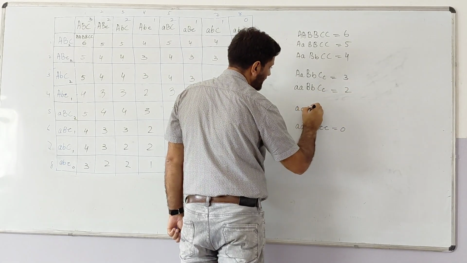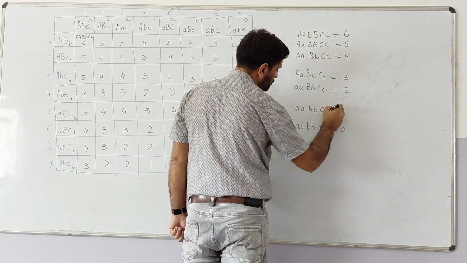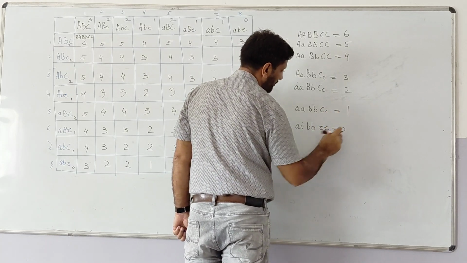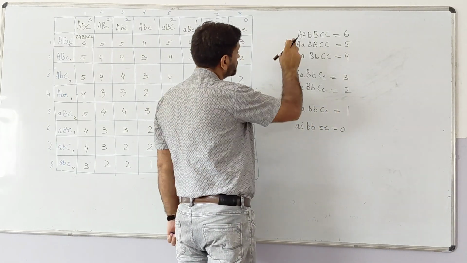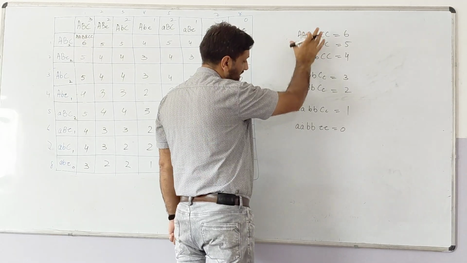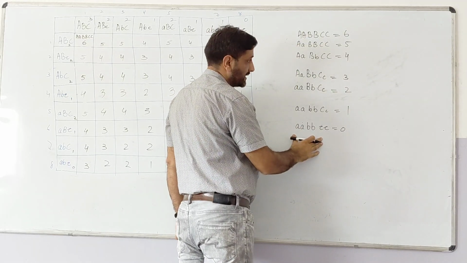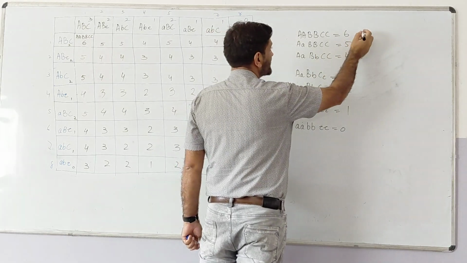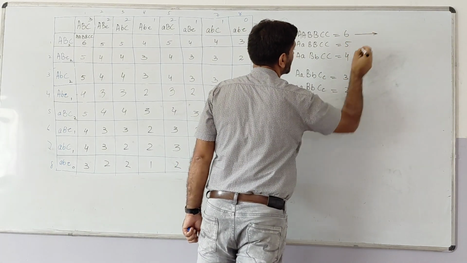Small a, small b, capital C, it is having 1 dominant allele, and this is having 1 phenotype, 2, 3, 4, 5, 6, 7. These are 7 phenotypes and genotypes. Is this clear? So, let us count how many.